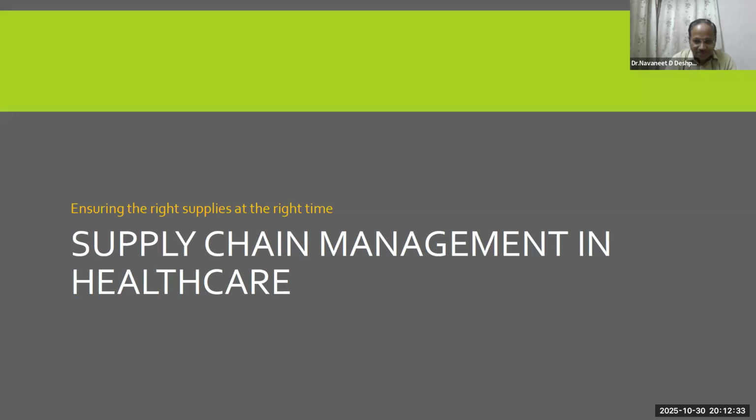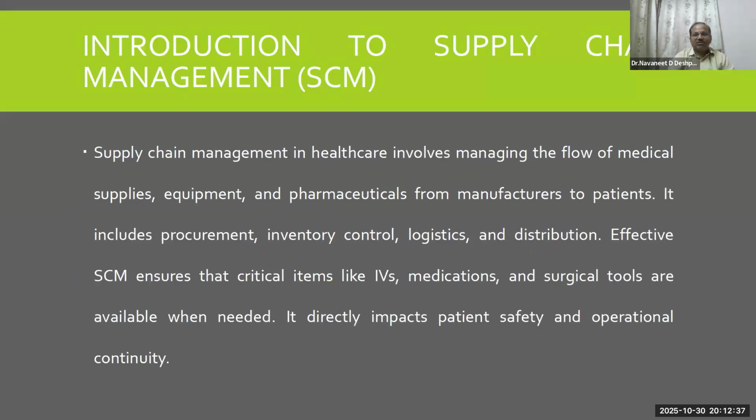Then comes supply chain management in healthcare. This is utilizing supply chain management concepts for medical supplies, along with pharmaceutical supplies, material supplies, machines, from the manufacturers to the patients. It should reach in time.